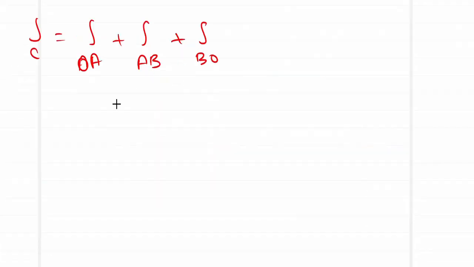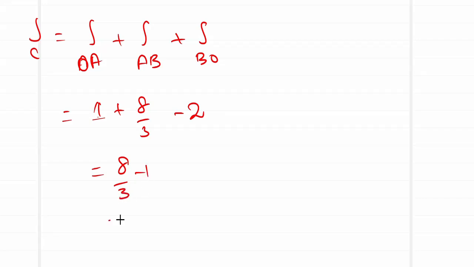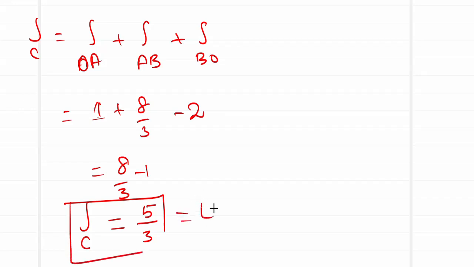So this makes it 1 plus 8 by 3 minus 2. So now 1 minus 2 is minus 1, so it is 8 by 3 minus 1. Taking 3 as LCM, you have 8 minus 3, so 5. So the integral along the curve C is going to be 5 by 3.